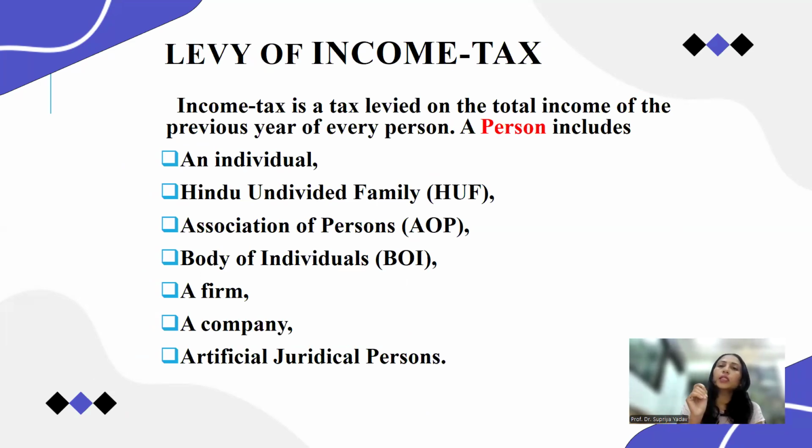So the person definition includes individual. That means whatever you all are, individuals, so the individual is included in the definition of person. Also the HUF, Hindu undivided family, is included in the person's definition. What is HUF? There are many families which do business together, and they also live together.